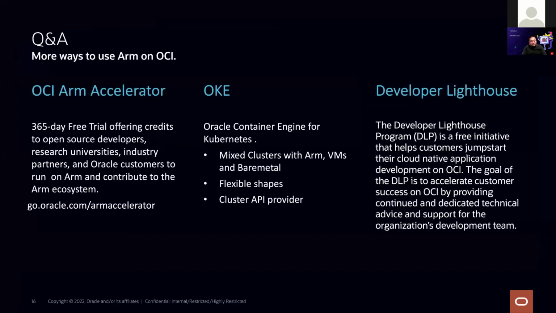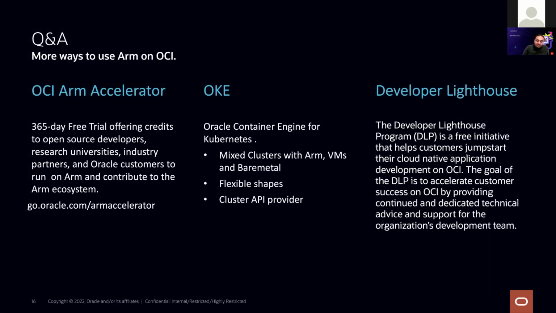And so when you are trying to move your workloads to ARM-based nodes, know that OKE has support for these flexible shapes as well as mixed clusters. And OCI also has an ARM accelerator program.